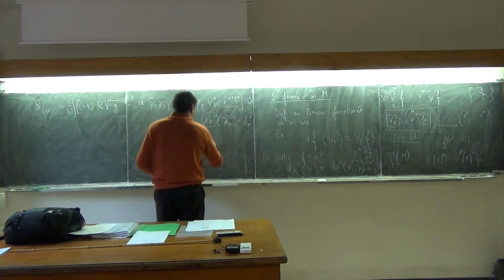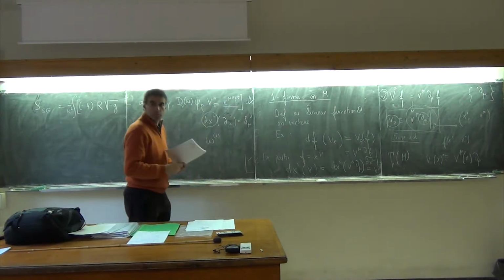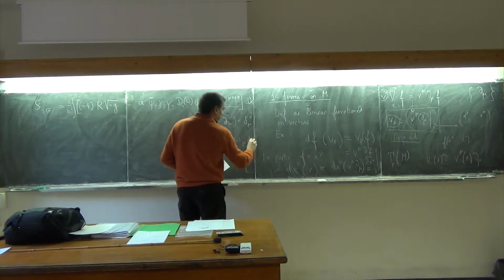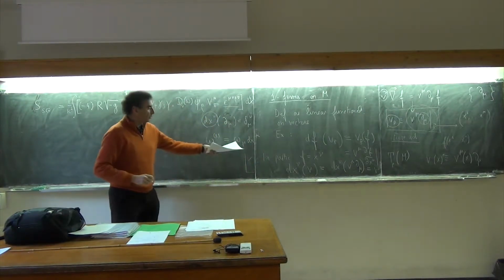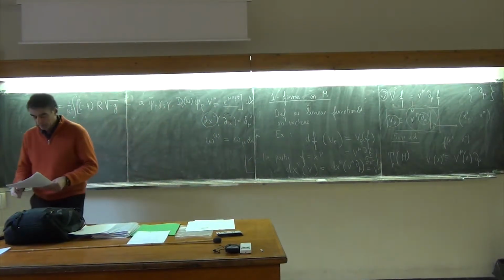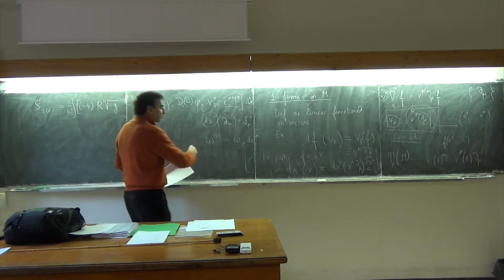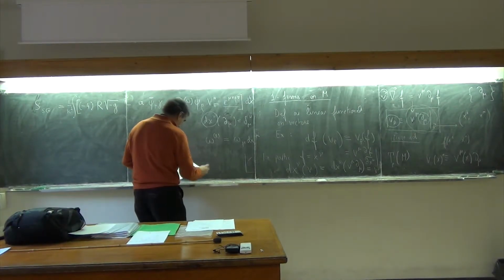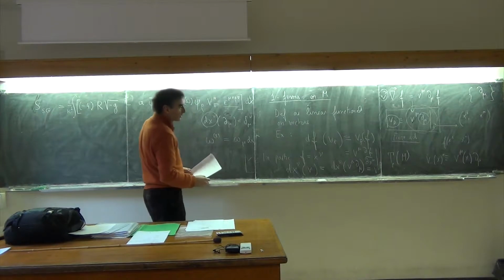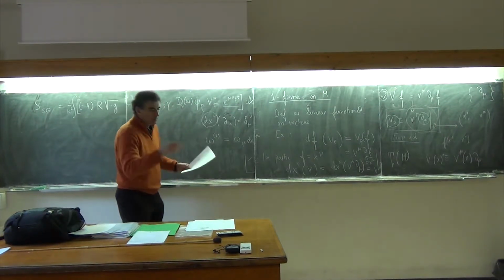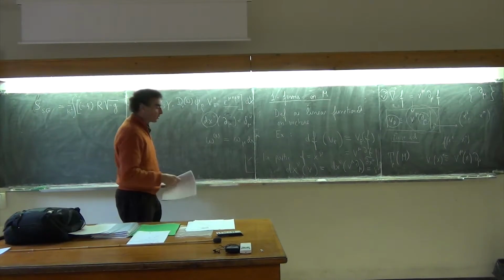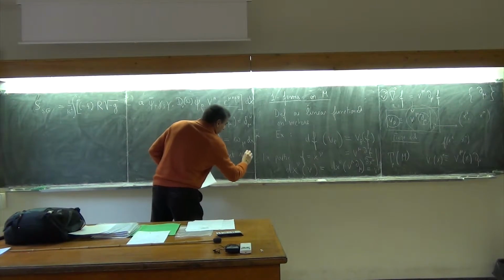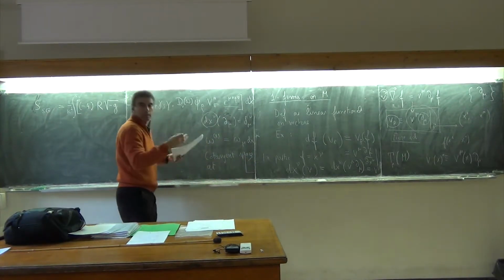A generic one-form ω, I can expand on this basis always, and it will be expanded like this, ω_μ dx^μ. And I say that I have the components of the one-form on the coordinate basis. The space of all one-forms has a name, and it is called the cotangent space. The cotangent space at P, if I'm considering everything at point P, or generically at point x.